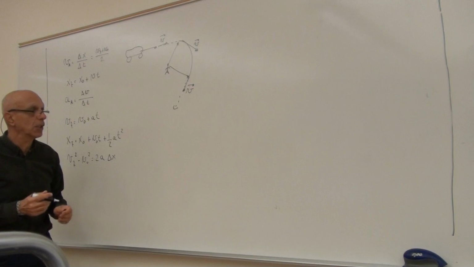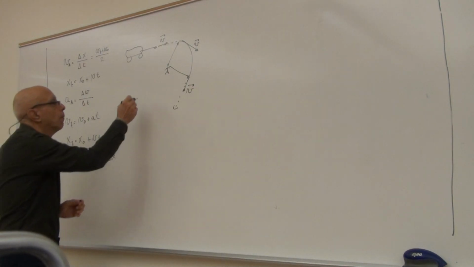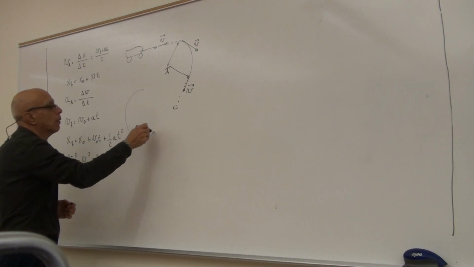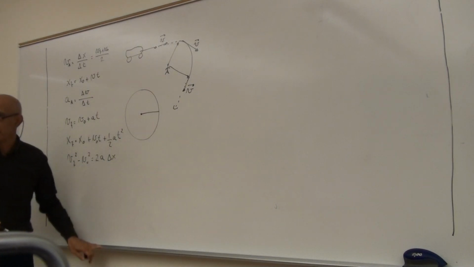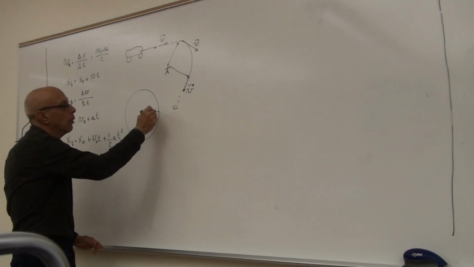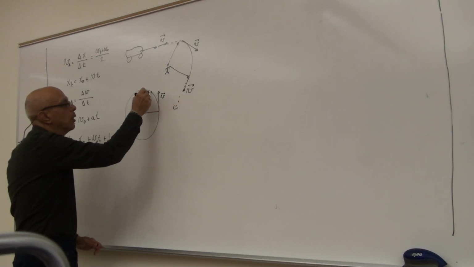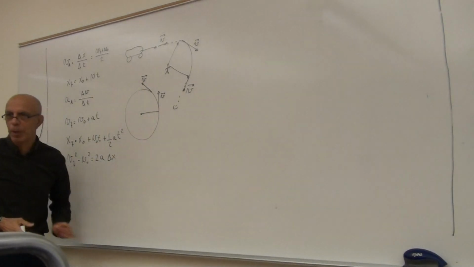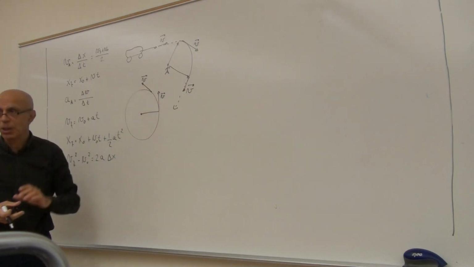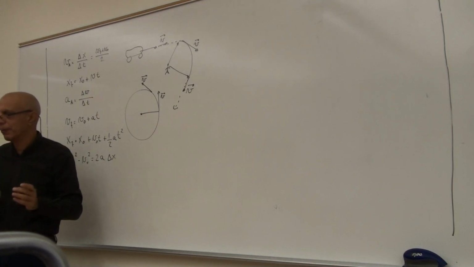Okay? So now let's discuss that and see how that's going to look. So I'm going to draw here a circle, right? And the circle has a radius, right? And going here, I have here my velocity, and at this point here, the velocity is there, but the magnitude here is the same, because we are talking now about uniform circular motion, okay?